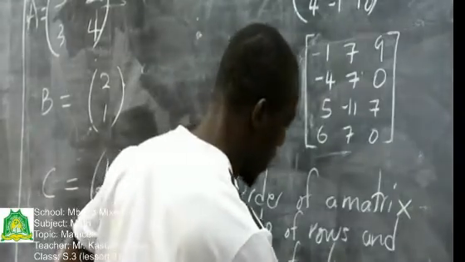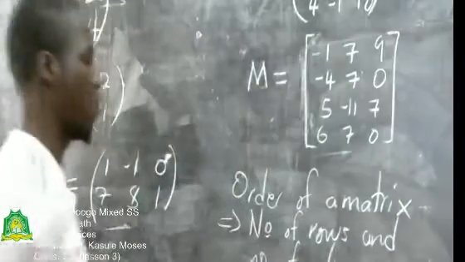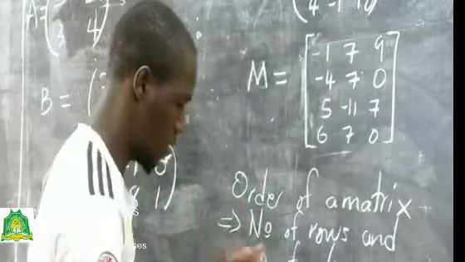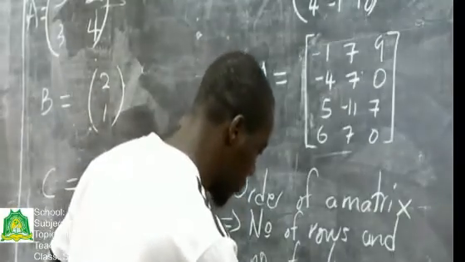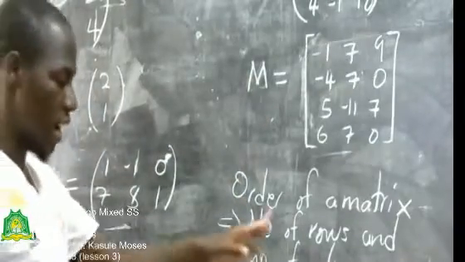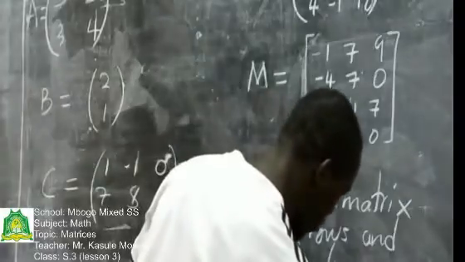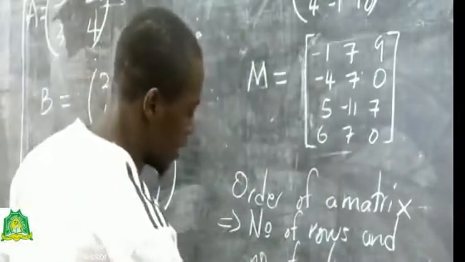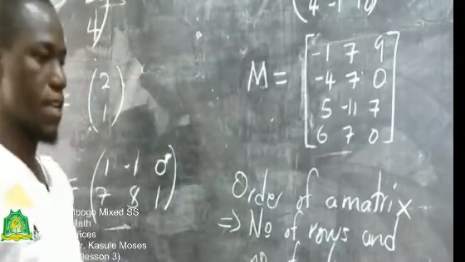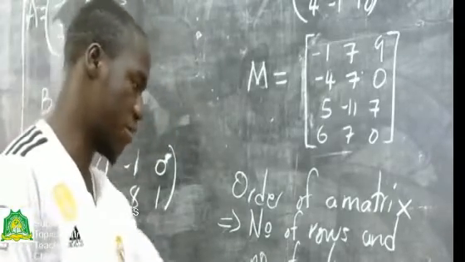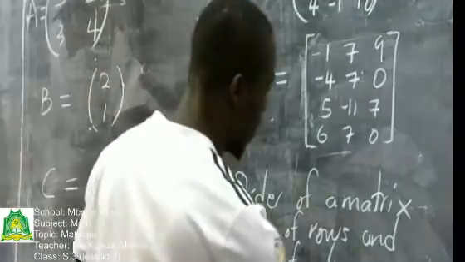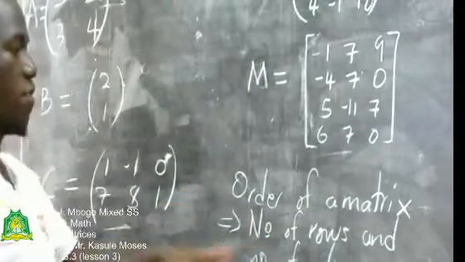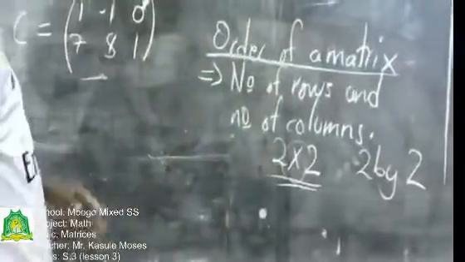We normally write, for example, if it is a 2 by 2 matrix, I read it as 2 by 2, but when I'm writing, I write it like this. This does not mean 2 times 2, but it is 2 by 2, the order of a matrix.